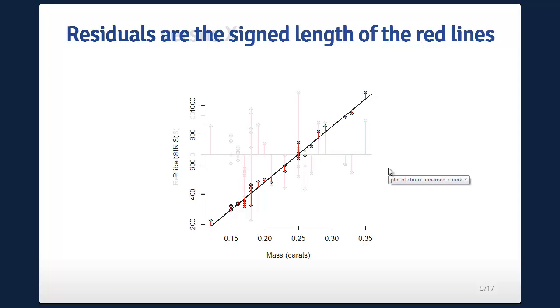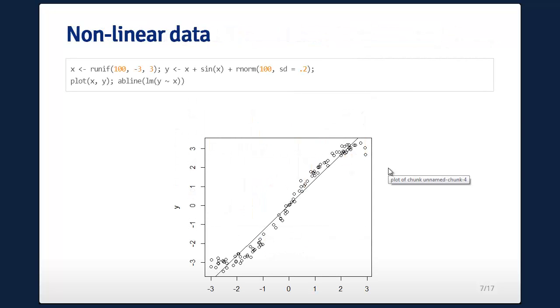So what sorts of things do you want to look for in your residual plot? You want to look for any pattern. Any evidence of a pattern means that there's some sort of systematic thing that you've omitted from the model that you maybe should have included. Here's an example where I simulate some data and show you a residual plot. My x's are just random uniform numbers between -3 and +3, and y is the y = x line, but it also has this other part with sine x.